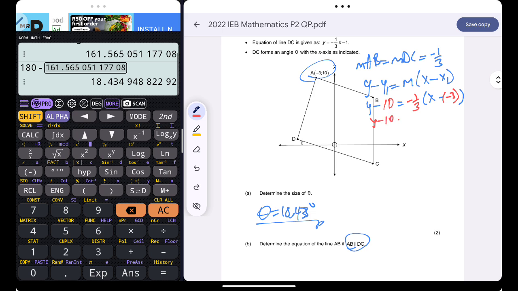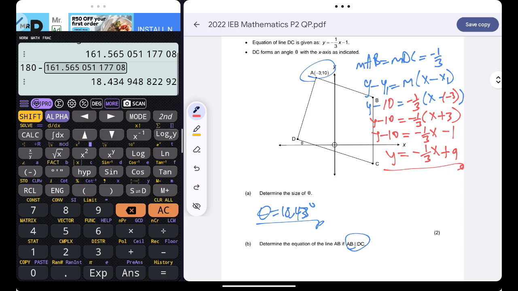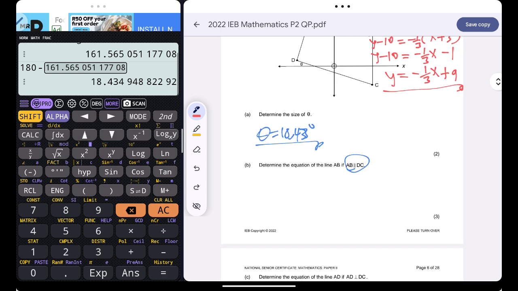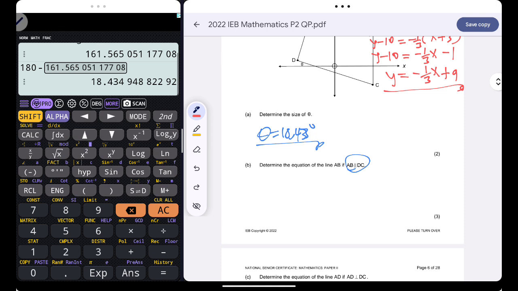So I have y minus 10 is equal to negative 1 over 3 times (x plus 3). Then y minus 10 gives me negative 1 over 3x minus 1. So y is equal to negative 1 over 3x plus 9, because whenever I take the 10 to the other side, it will be positive. So my equation will be y is equal to negative 1 over 3x plus 9.